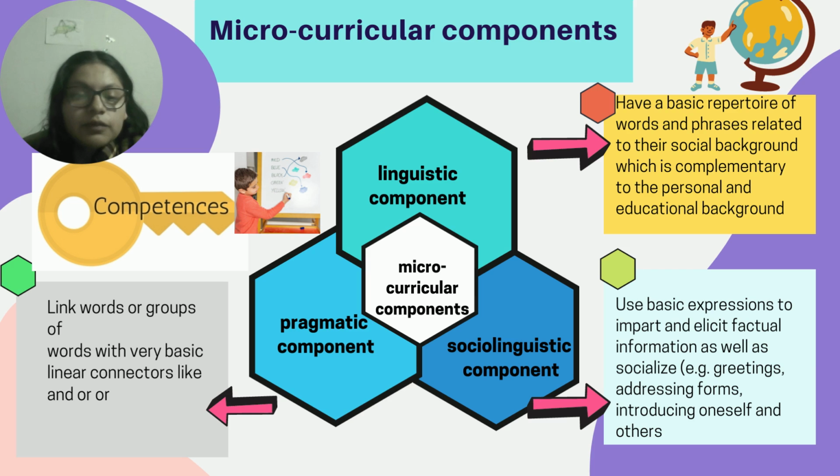And as the third point, here we have the grammatical component that is about linking words or groups of words with basic linear connectors like the use of but or while and others.